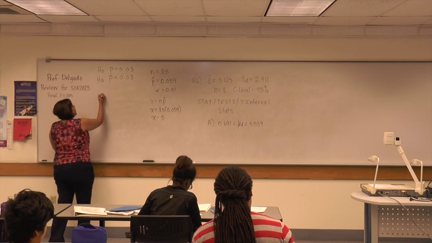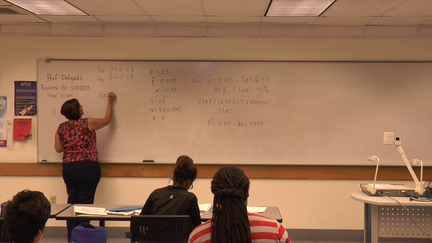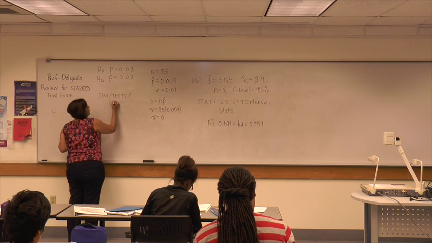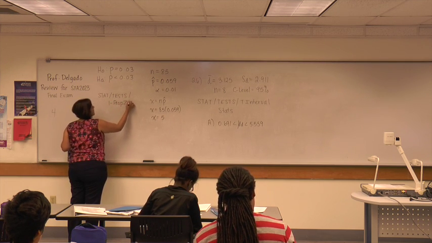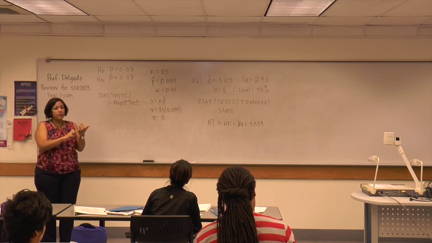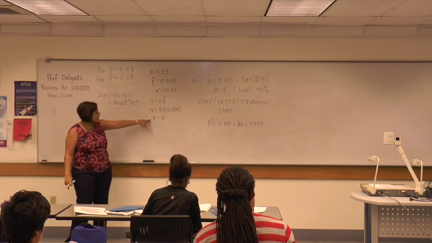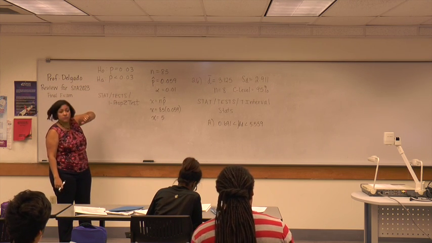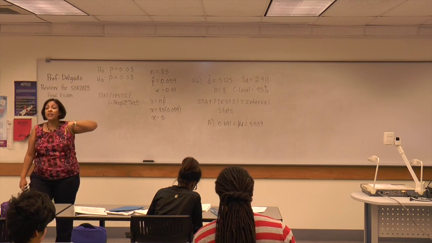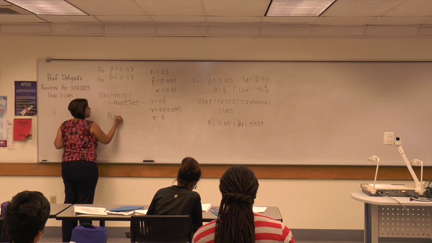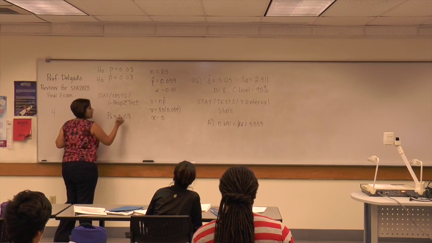So you're going to go to stat, tests, one prop z test. It's going to ask you for your sample size. It's going to ask you for x. And the claimed value of p, so you're going to put in 0.03.